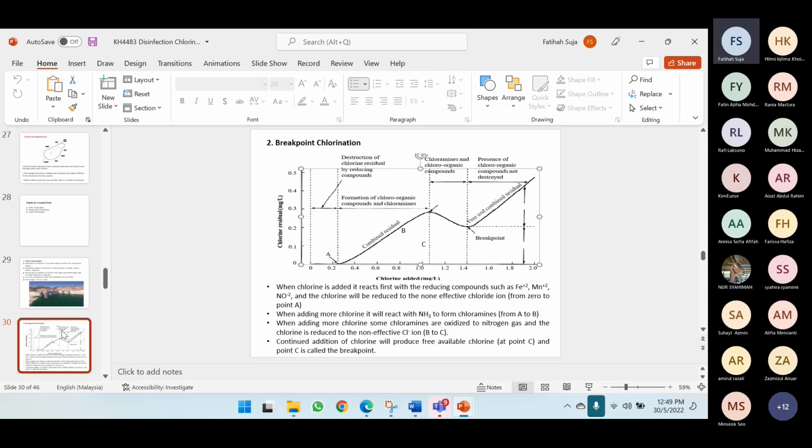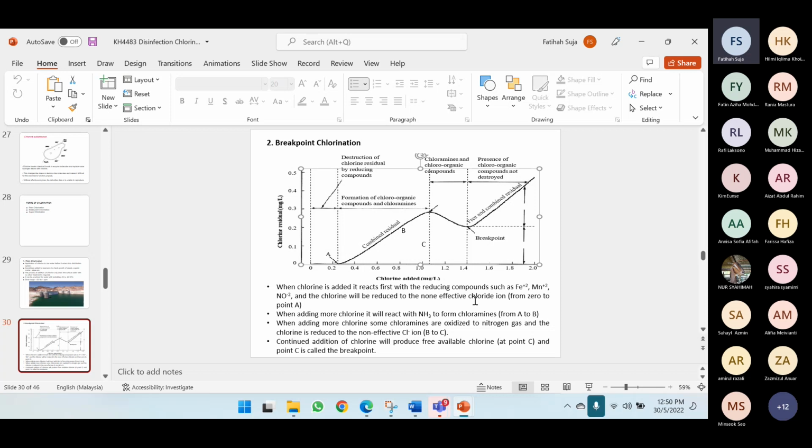Okay, breakpoint chlorination. What is breakpoint chlorination? This is the chlorine that you add, and this is the chlorine residual. Usually we have this situation. When chlorine is added, it reacts first with reducing compounds such as ferrous, manganese, and nitrite ions, and the chlorine will be reduced to the non-effective chloride ion from 0 to point A, meaning that usually the water is not that clean.